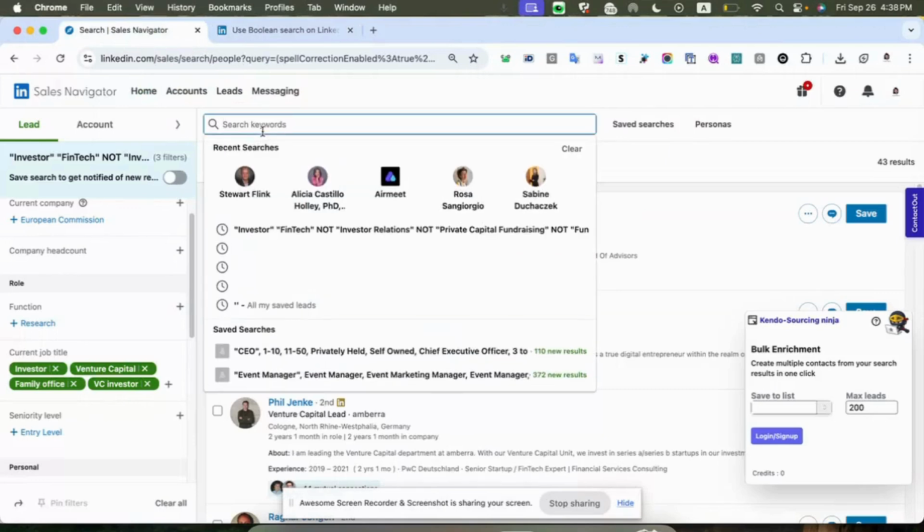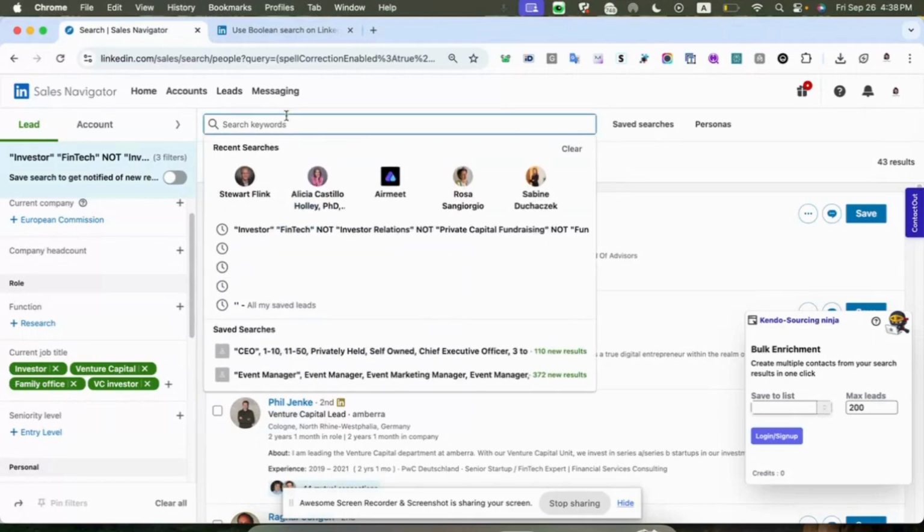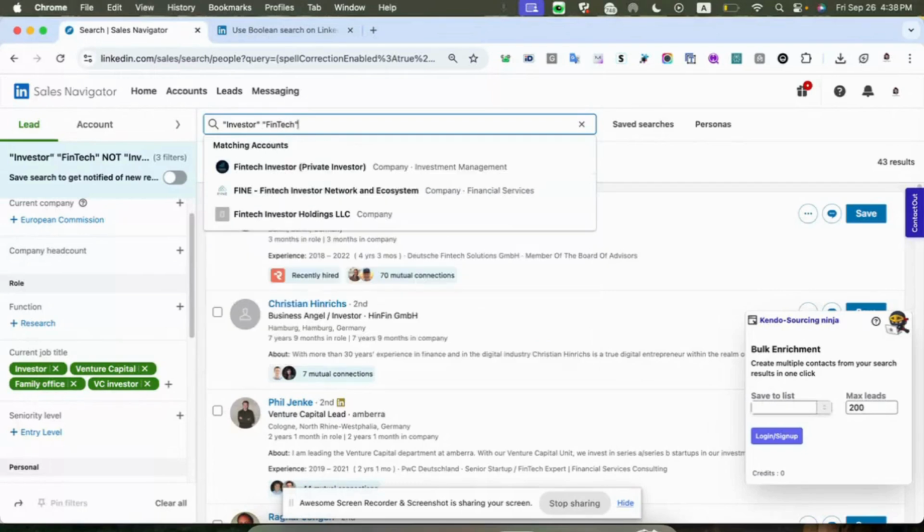Let's just give an example. I used to fundraise for a business in the fintech industry, right? So what would be the ideal keyword that I need to look for? The first keyword that pops up in my head is investor. So I'm looking for investor, and then they are in the fintech industry, right?